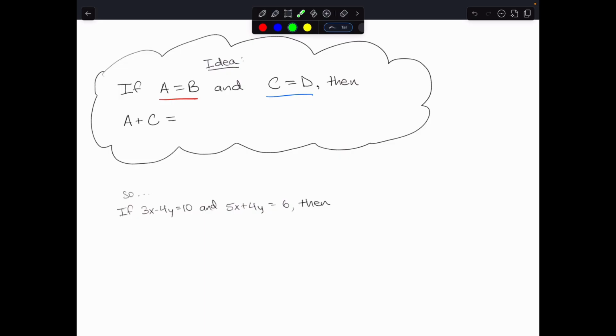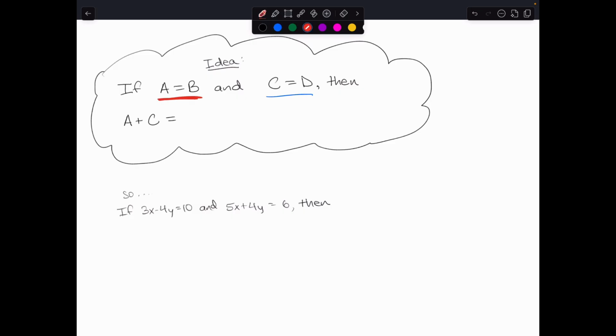Now, this is where the trick for elimination comes from. We're going to think of a new expression, A plus C, and really it's just the sum of the left side of those equal signs, right? So that new expression could be rewritten.